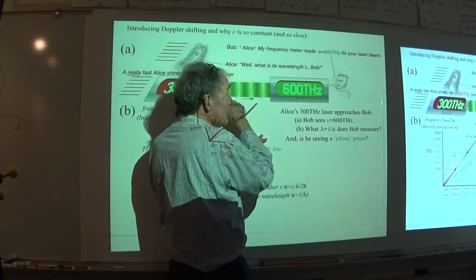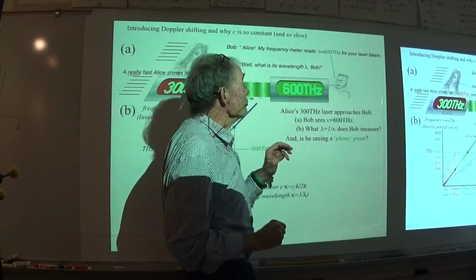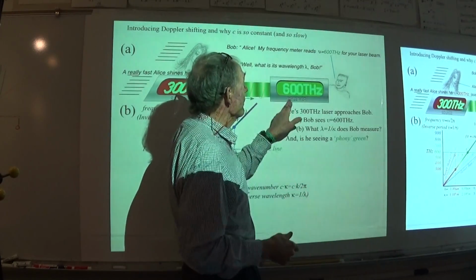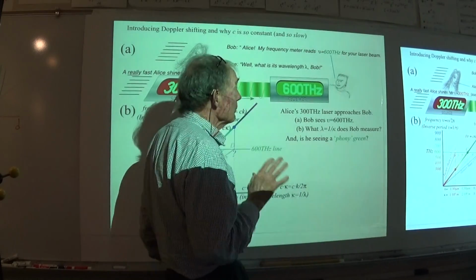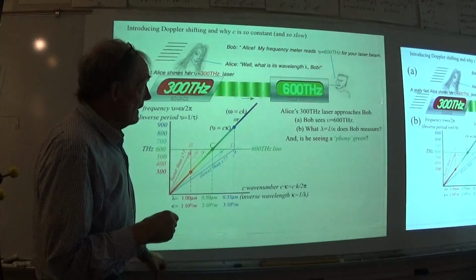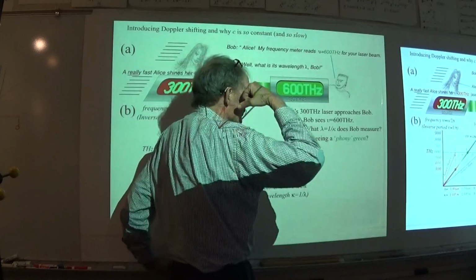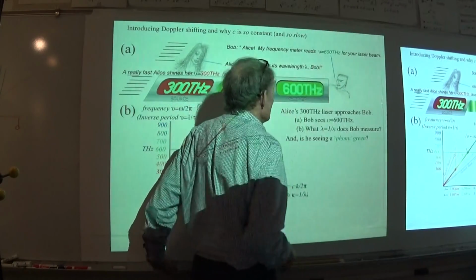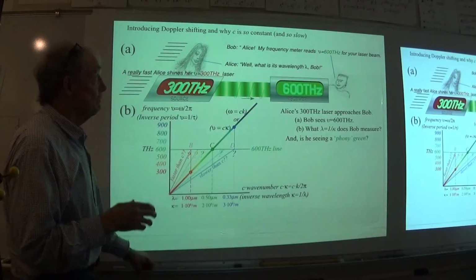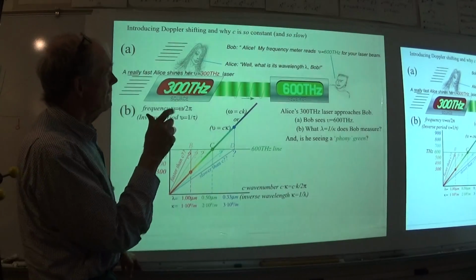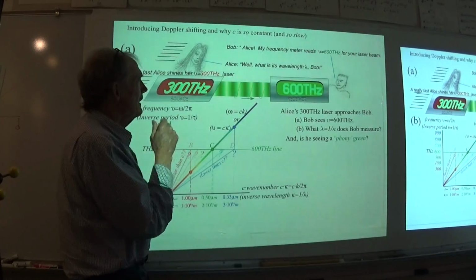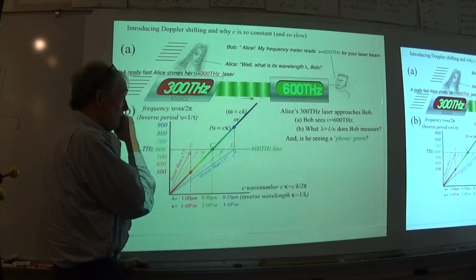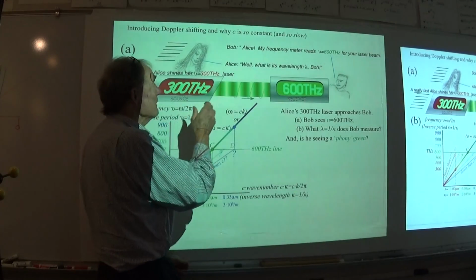That's why I drew this to be what looks like a green light. 600 terahertz is what he pulls up on his frequency meter, and they're talking on the cell phone, he tells Alice, I got this beautiful blue-green, and it's 600 terahertz. And Alice says, okay, Bob, that's what I figured.